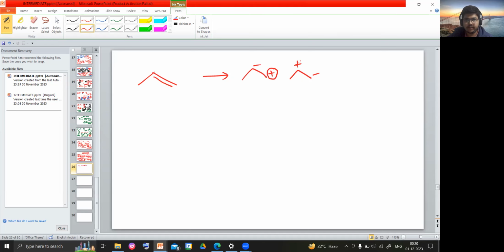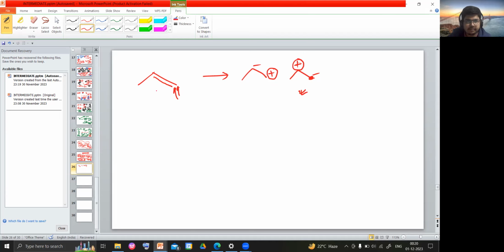Here the carbocation is 1 degree, here it is 2 degrees, so it is more stable. In the more stable carbocation, the other center is negatively charged, so this center is more electron rich. In this way, by the heterolytic cleavage method, you can identify which carbon is more electron rich, that means on which carbon boron is going to attach.